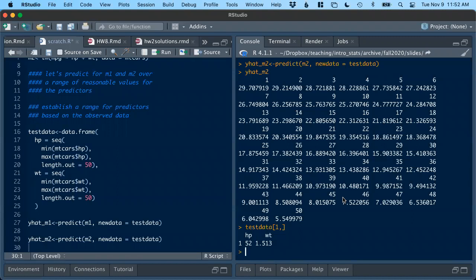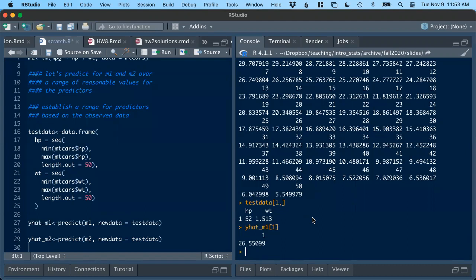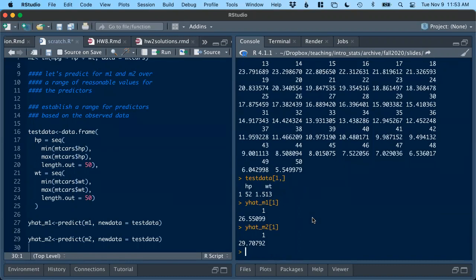So for a car with 52 horsepower and 1.51 weight, what do we see going on? Well, for y hat M1, we predict the miles per gallon on that car for model 1. Engine 52 horsepower, 1.5 times 1,000 pounds weight. It's going to have 26.5 miles per gallon. Y hat for model 2, it's going to predict 29.7.